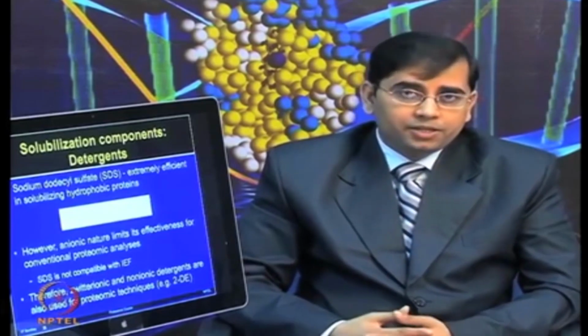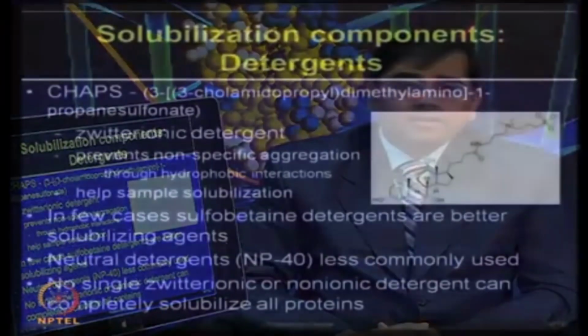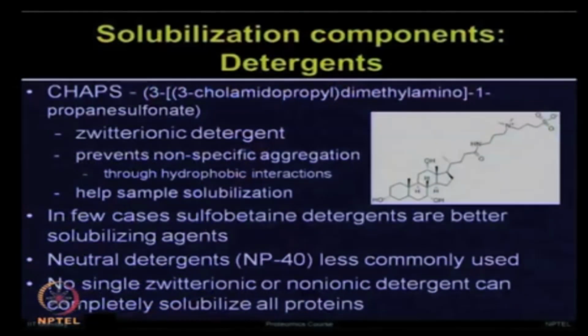CHAPS, one of the zwitterionic detergents, is the most commonly used detergent in protein solubilization when your objective is to perform two-dimensional electrophoresis experiments. It prevents non-specific aggregation through hydrophobic interactions, and it helps in sample solubilization.